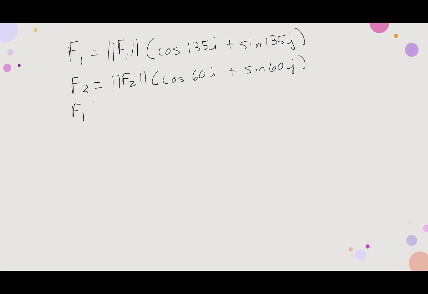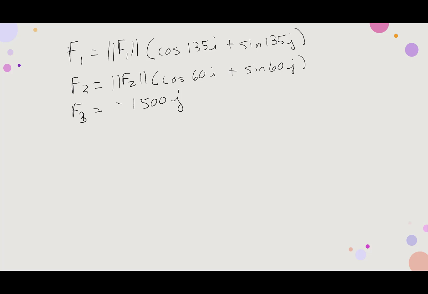And then F3, we actually know F3. It's negative 1500, that was the weight, and it's j because it's only going down. When we look at F3, it's only in the vertical direction. That's really 270, but we know sine of 270 is negative 1, so there's our negative 1500. Let's keep that part easy.